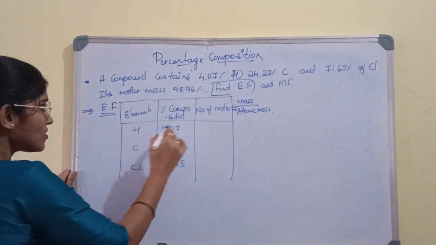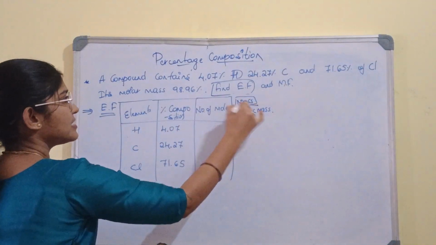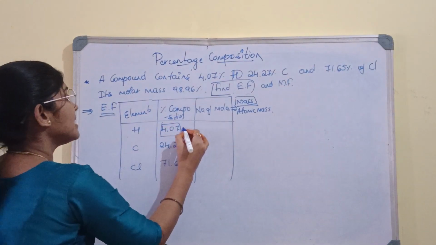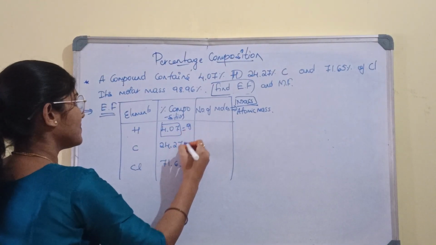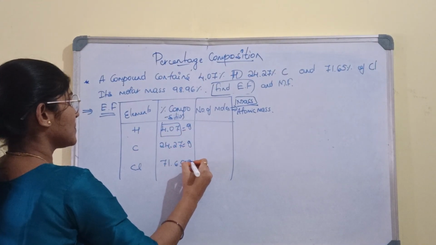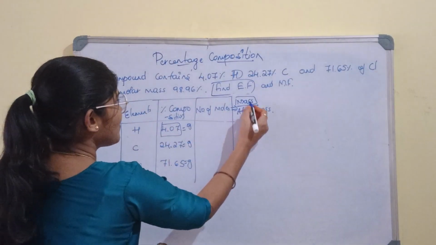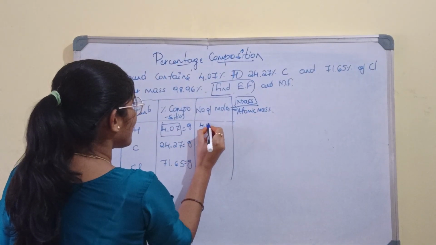Here the given mass is the percentage composition, so write this as grams. Now number of moles can be calculated as mass by atomic mass.